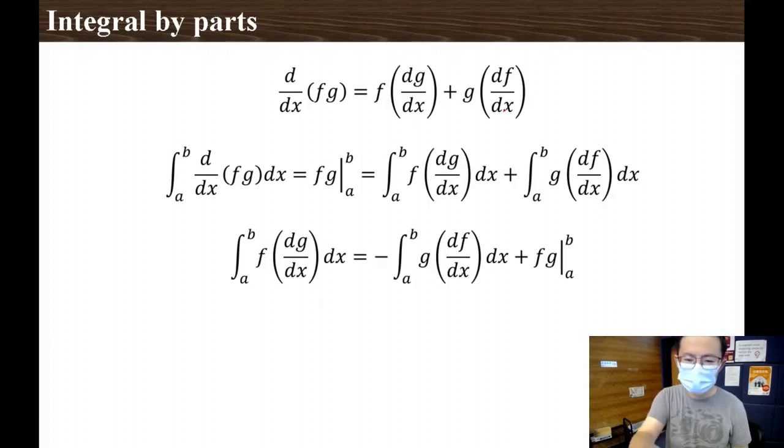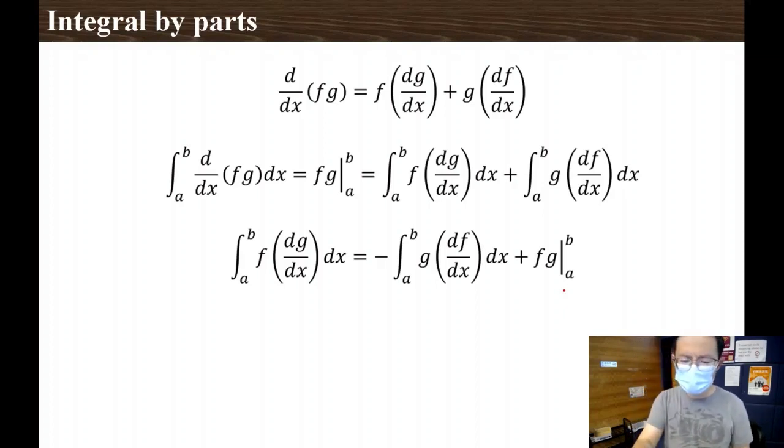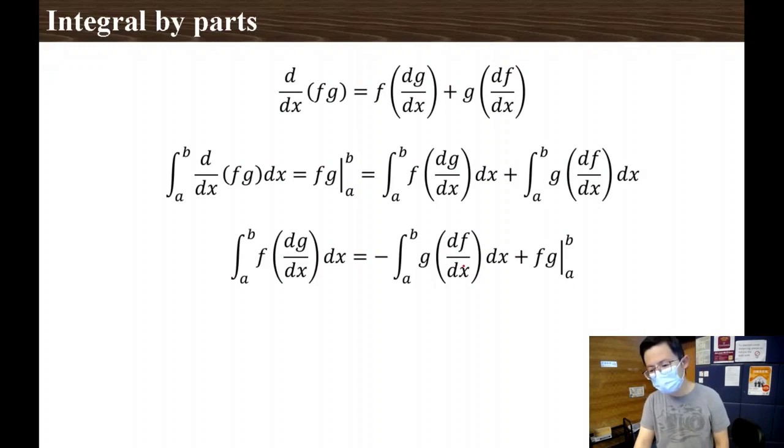So you simply do an integral and can derive this integration by parts by yourself. And what this is useful for is that sometimes the differentiation might not be easy to do, and if you find that's really hard, you can simply transfer the differentiation to the other part that's easier to do, and the price you have to pay is an additional term.